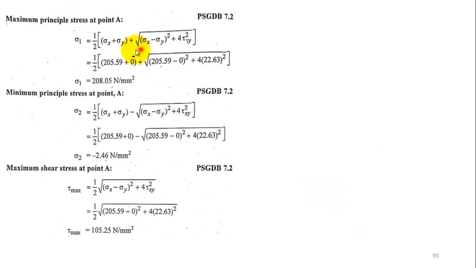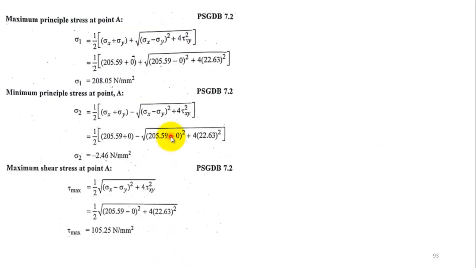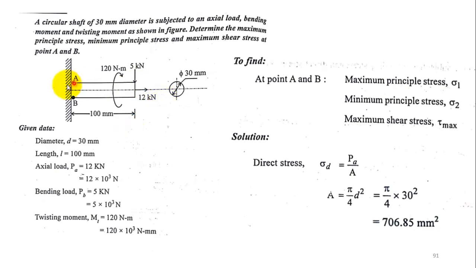If you consider this formula, for sigma y it is 0, and sigma x we know already. What will be the shear stress at that point? Same, 22.63 will be the shear stress acting at this point. The stresses will be caused due to these three loads.